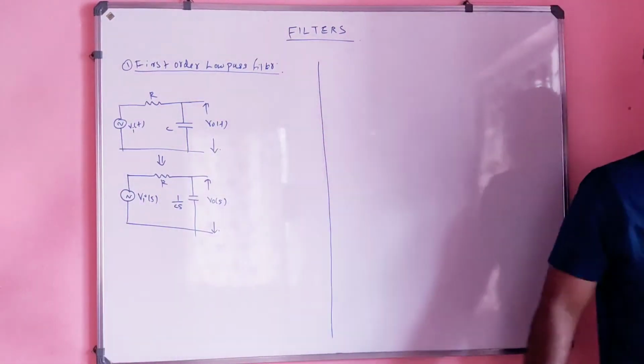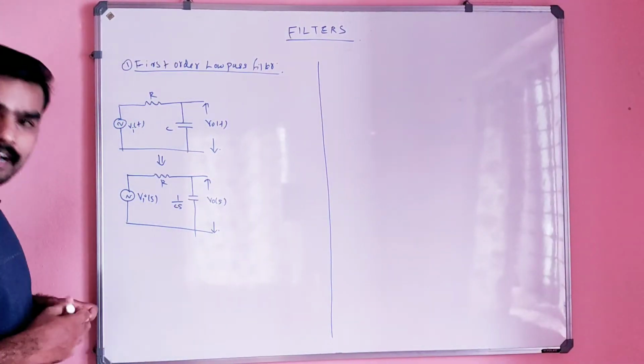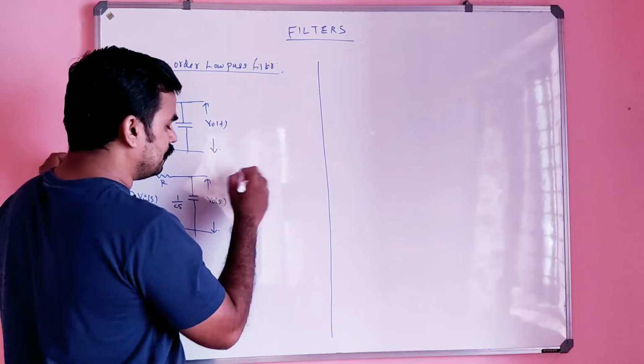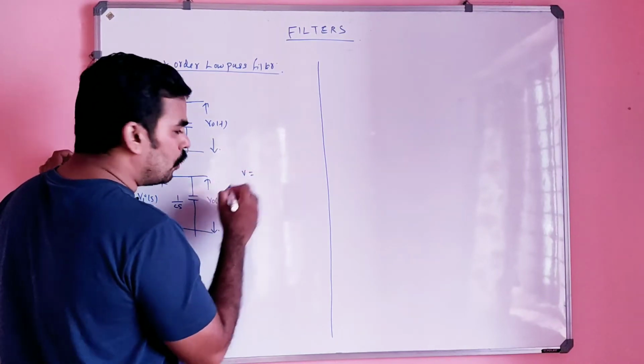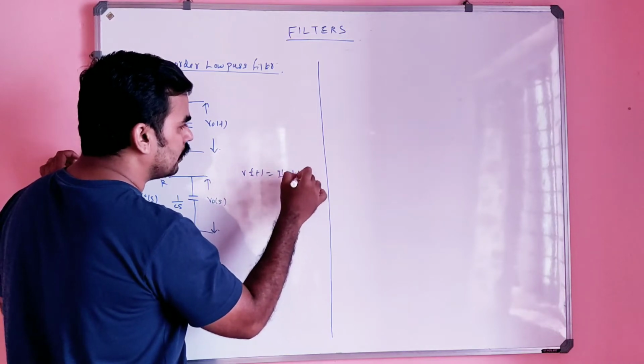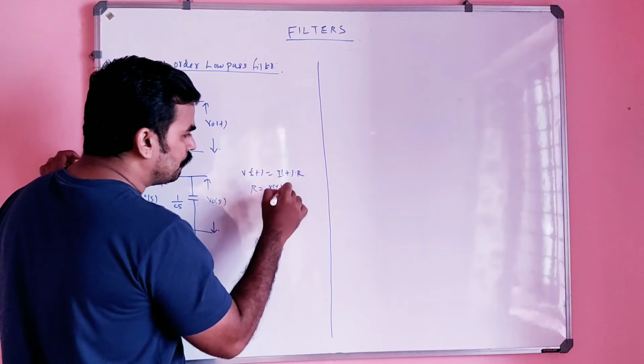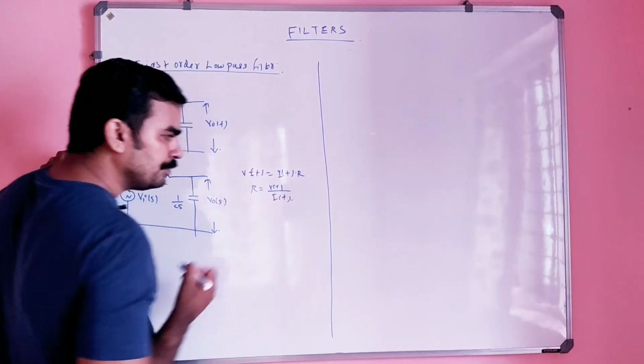What is the answer? How can we define that R first? According to Ohm's law, V of t will be equal to I of t into R, or R will be equal to V of t divided by I of t.